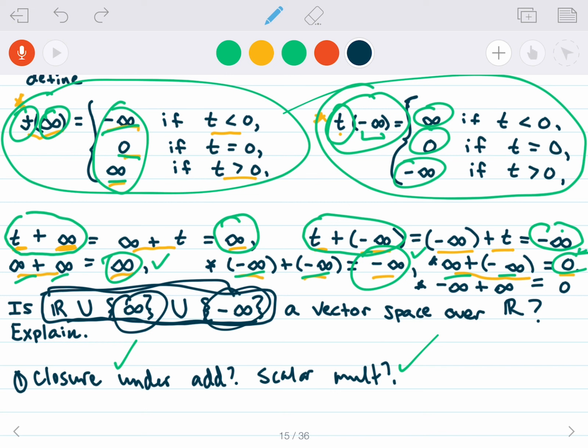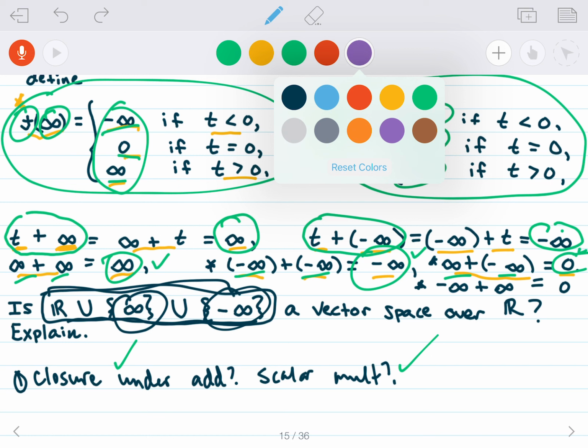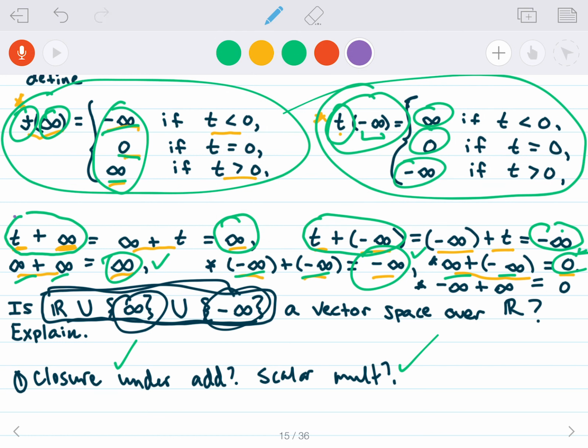But we're going to just assume that commutativity is satisfied. And again, this is commutativity over addition. So, he says explicitly here, t plus infinity is equal to infinity plus t. In the definition, commutativity is satisfied.